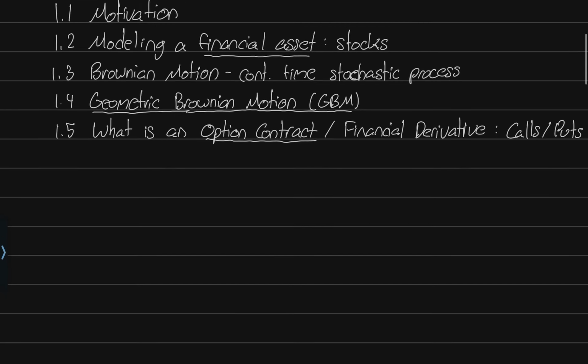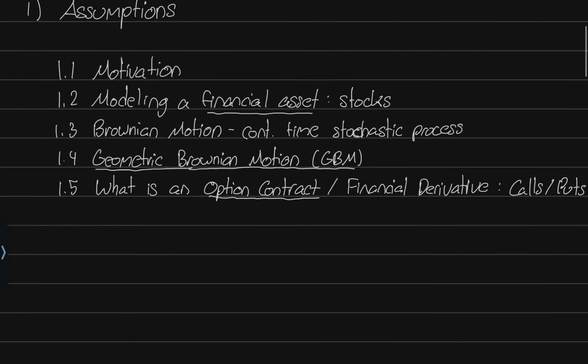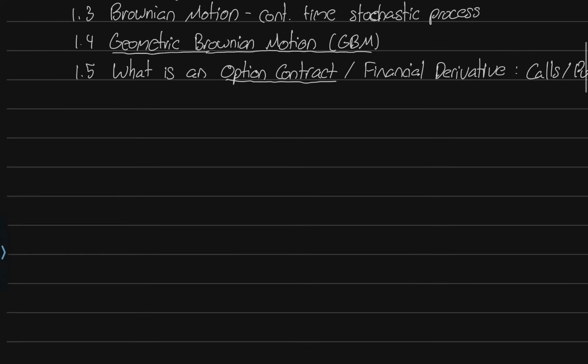So once we've gotten our assumptions out of the way, which are going to be these 5, which will be split amongst many videos, we can get into our derivation. So to start this off, we will be going over a Taylor expansion.